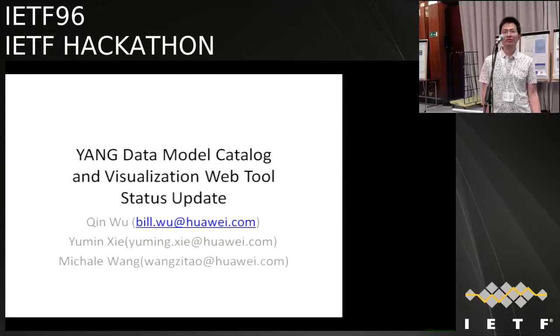So we need to figure out how these models relate to each other, and which model may depend on other models. So we came up with this model catalog information. This is basic information we can extract from the Yang model. We can figure out how this catalog information can help us link these Yang models together.